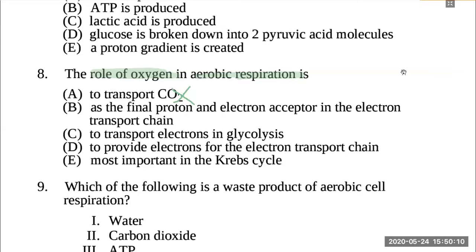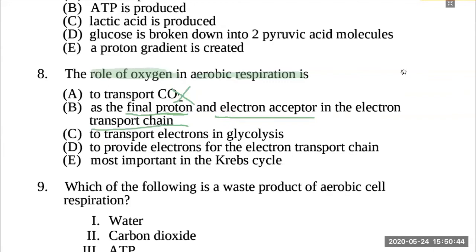As a final proton and electron acceptor in the electron transport chain. If we see the diagram of the electron transport chain, we will see that oxygen serves as a final proton and electron acceptor in the electron transport chain.